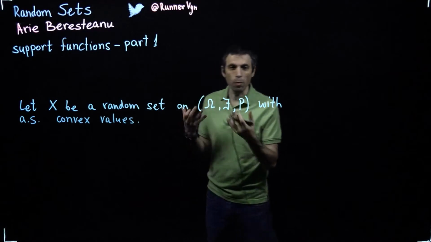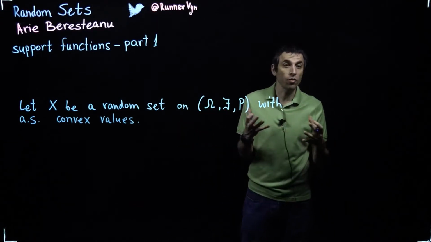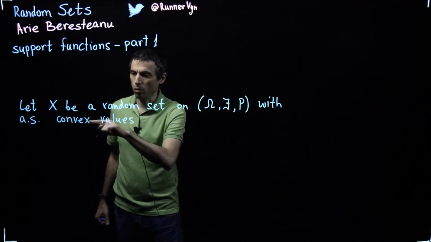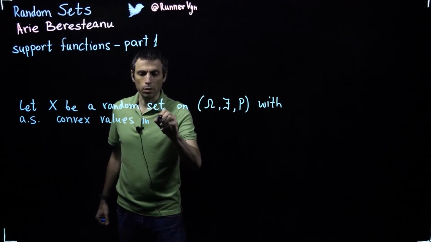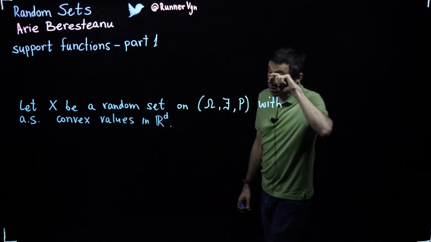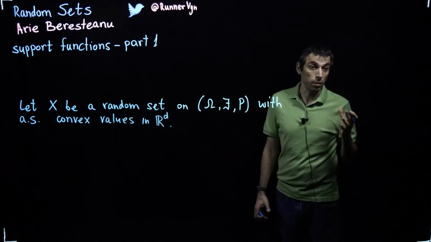So X(ω) almost surely is a convex set in R^d. So that's going to be a closed and convex set in R^d.